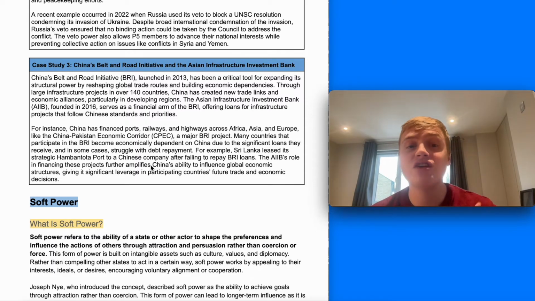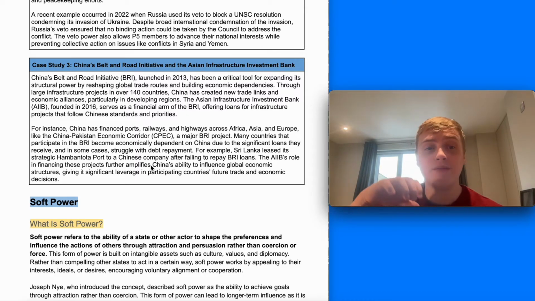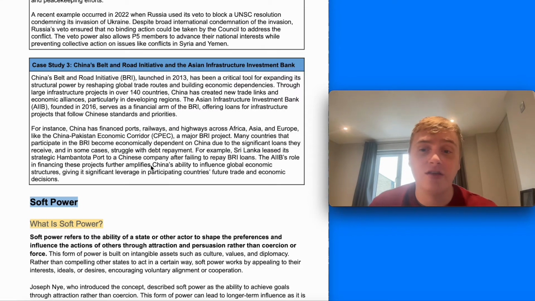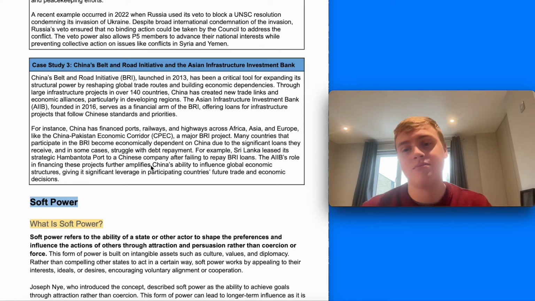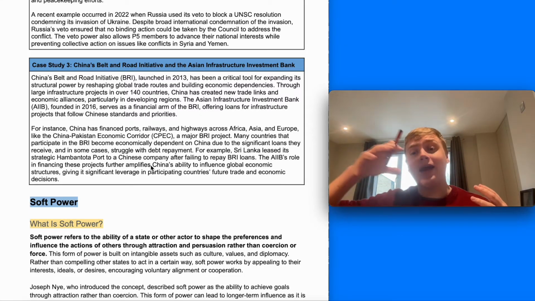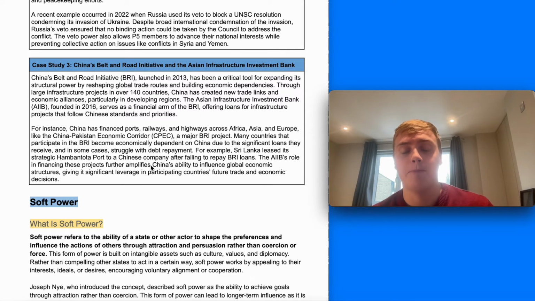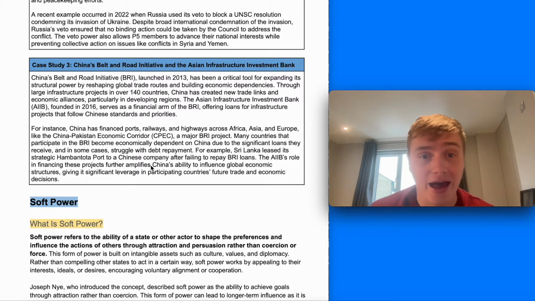It seeks to reshape global trade routes and build economic dependencies with states. So effectively what it's done is built large infrastructure projects in over 140 countries. These might be roads, ports, or train lines, with the idea of creating trade links back to China to improve their trade and their connection to these countries.